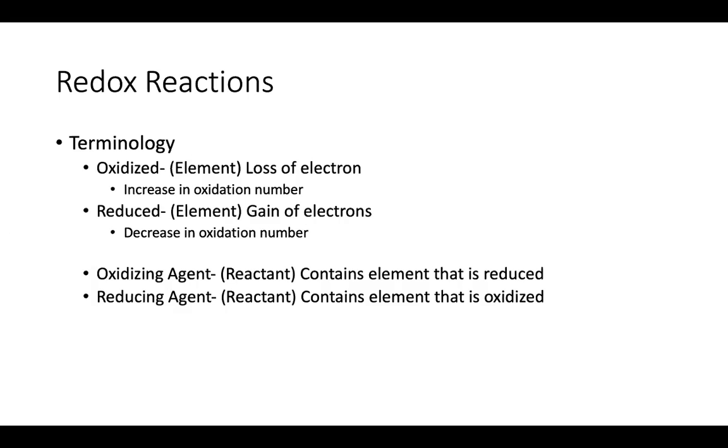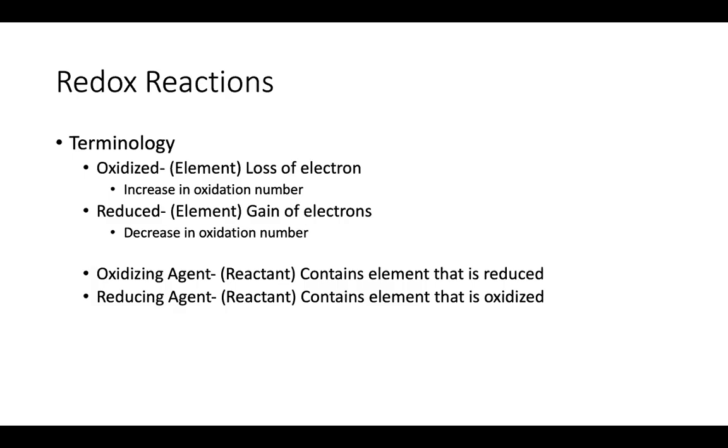And if reduced means decrease in oxidation number, that means oxidized means increase. Some people use Leo the lion says ger. Leo means lose electrons, oxidized. Ger means gain electrons, reduced. However you memorize it or know it is up to you. You really need to know these terms.